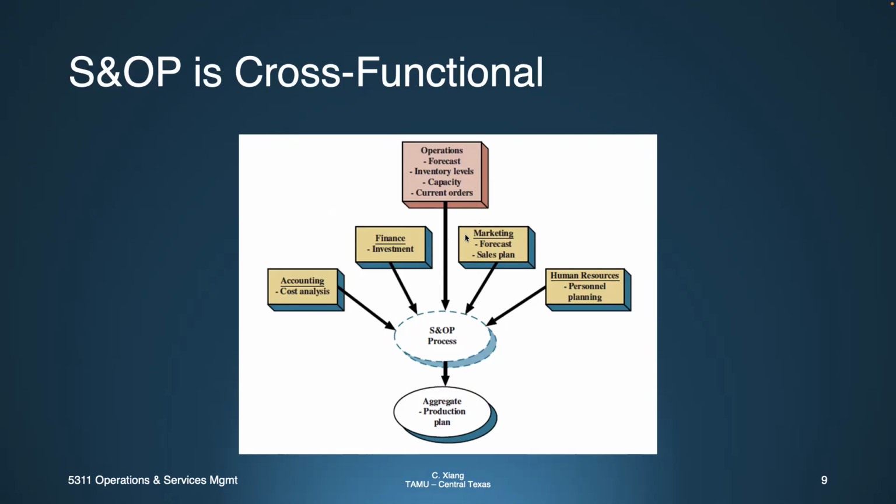This plan also serves as a bridge to more detailed operational planning. At the S&OP level, everything is expressed in aggregate terms using generic units. But when we move towards execution, we need to translate those aggregate numbers into specific products, specific models, even specific colors of the product.